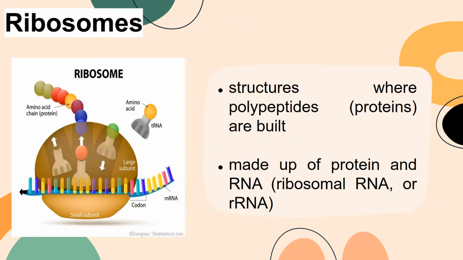Okay, next here is the ribosome. Ribosomes are structures where polypeptides or proteins are built, and they are made up of protein and RNA, our ribosomal RNA or rRNA. In a ribosome, translation takes place inside its structure. Ribosomes' function is to manufacture proteins. Ribosomes also translate information encoded in mRNA to assemble amino acids into a polypeptide chain.